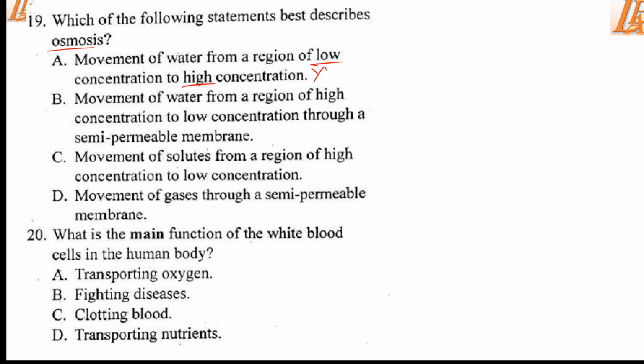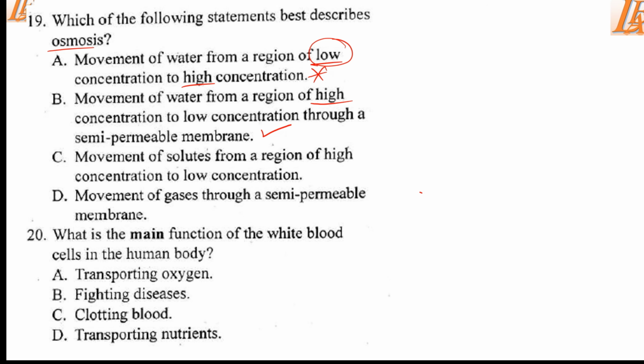This is wrong because we have said osmosis is the movement of water molecules from a region of high concentration. Here they are saying from low concentration. So this one is wrong. B, movement of water from a region of high concentration to a region of low concentration through a permeable membrane. This one is correct. It is exactly the way I've defined it.